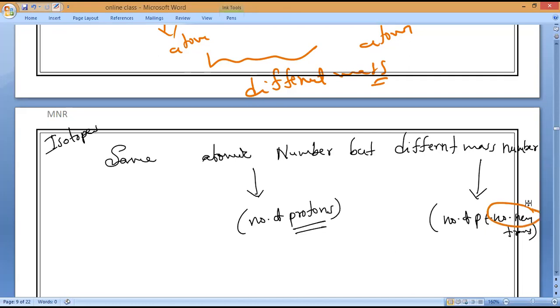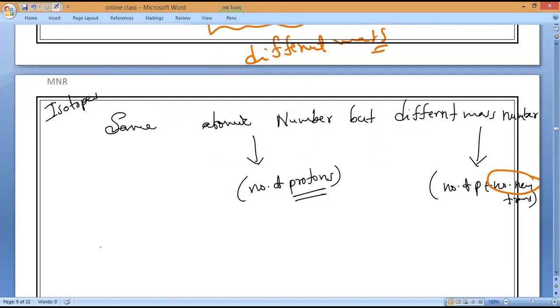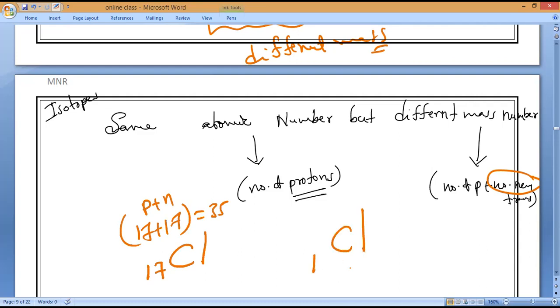Now if we take this chlorine, the first one has 17 protons plus 18 neutrons, totalling 35. The second one also has only 17 protons, so protons remain constant, but here there are 17 protons plus 20 neutrons.